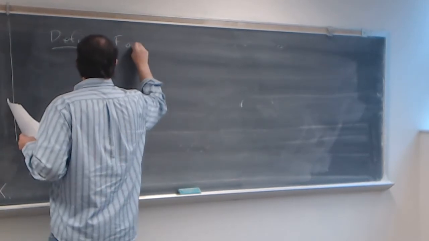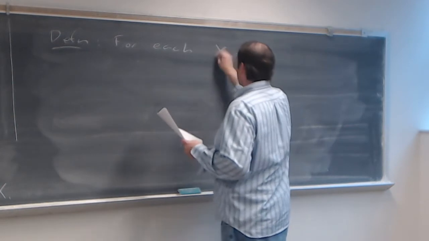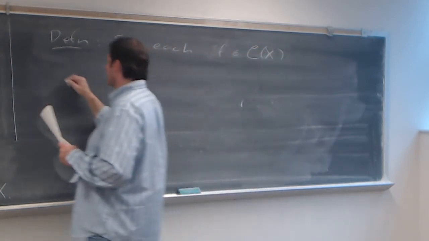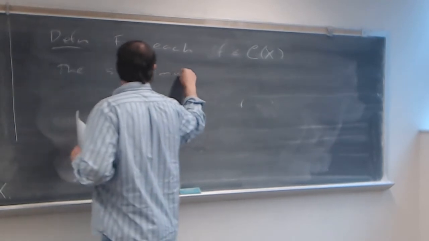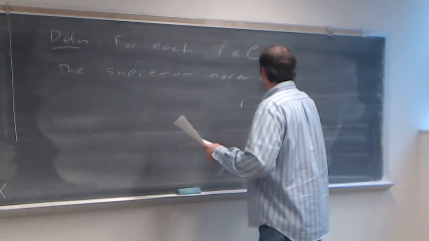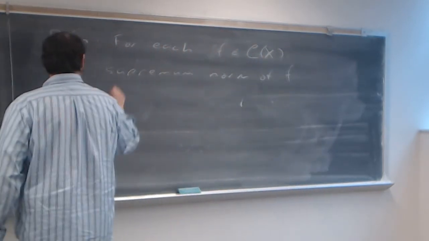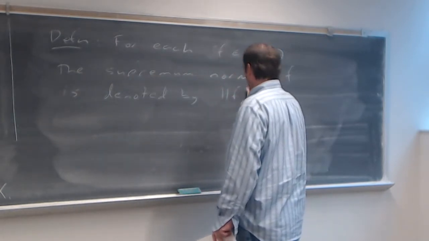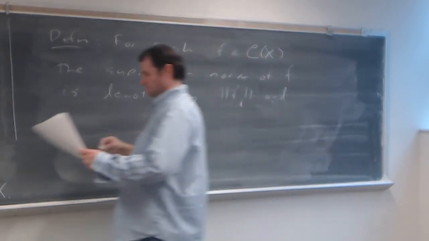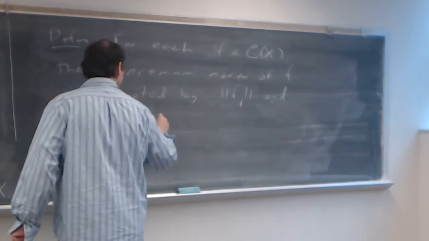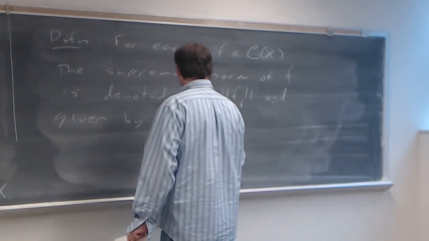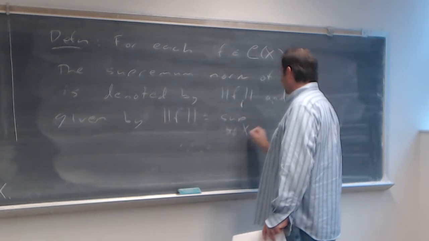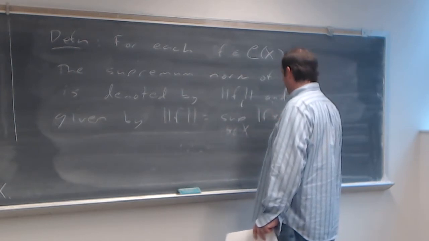For each f element of this C sub X, the supremum norm of f is denoted by double bar of f and given by: double bar of f, the supremum norm, is equal to the sup over all x in X of the absolute value of f of x.